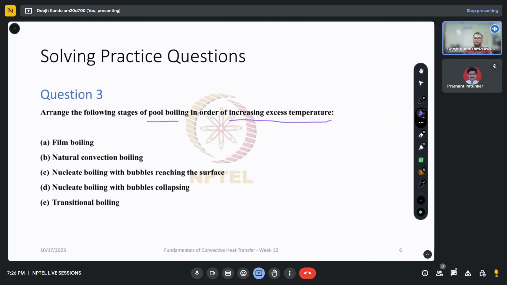Here we have option A, film boiling, option B, natural convection boiling, option C, nucleate boiling with bubbles reaching the surface, option D, nucleate boiling with bubbles collapsing before reaching the surface, and option E, transitional boiling.